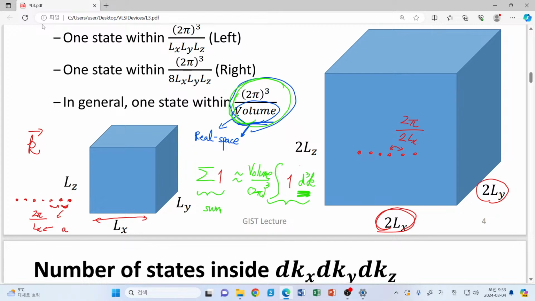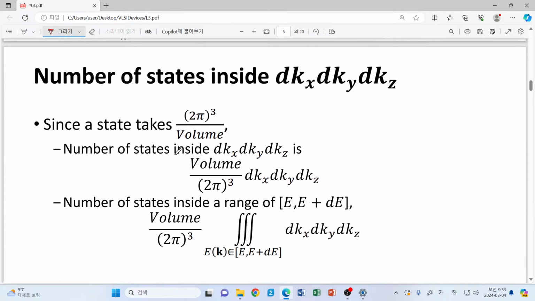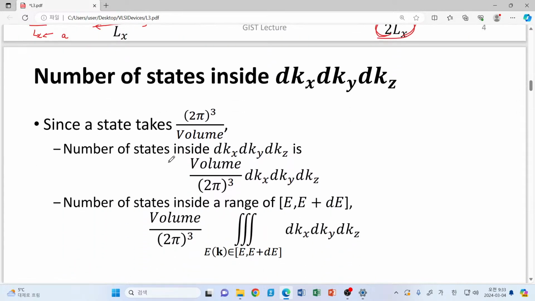That is the reason why we have these seemingly strange factors like (2 pi)^3 everywhere in our derivation.